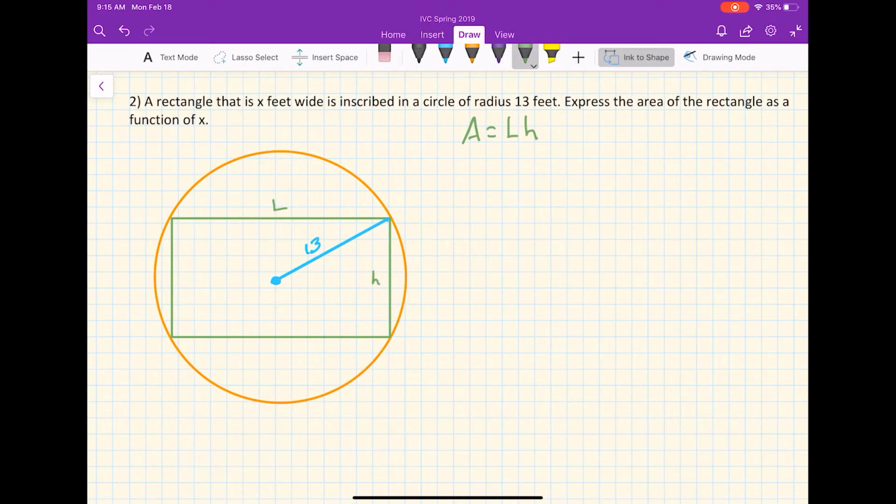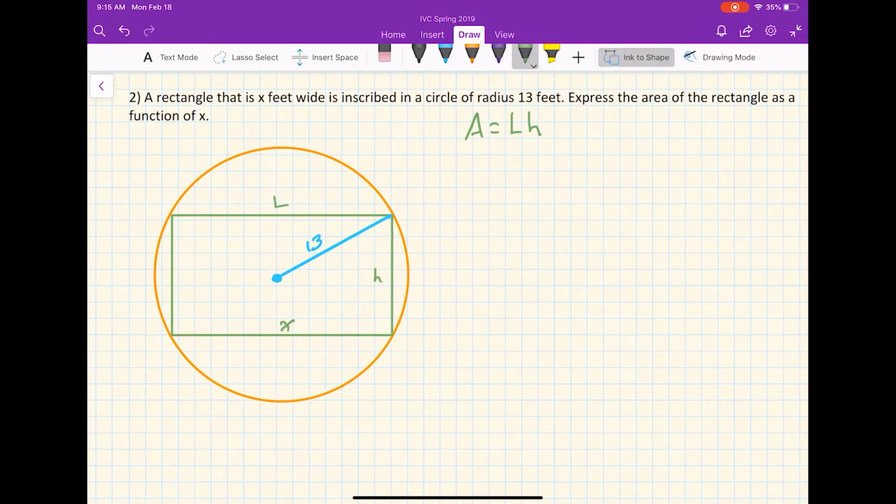It's a rectangle, so we have two different values here, length and height. We can mark the bottom as x and this as y and create a triangle out of this by extending our radius from here to the center, which means this side's 13 and this side's 13. Together, these will be 26, so our diameter is 26.